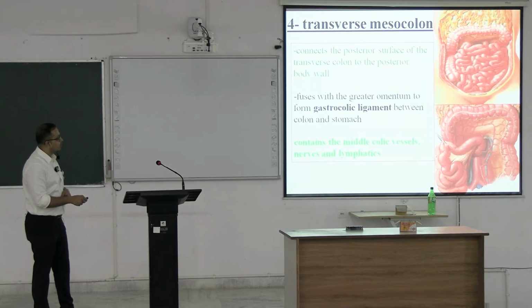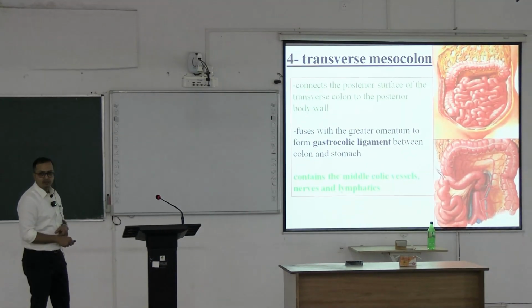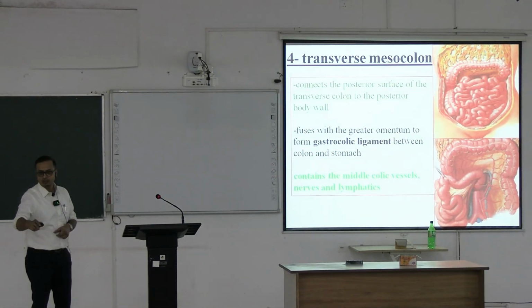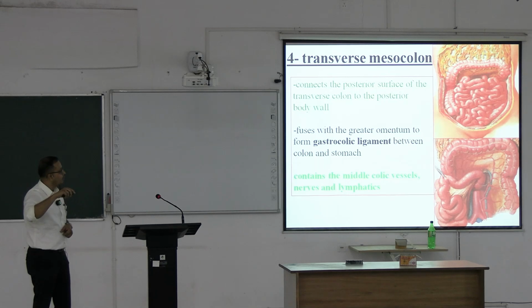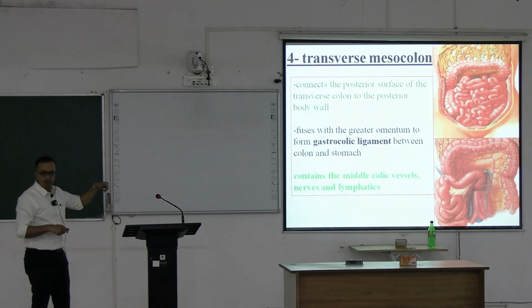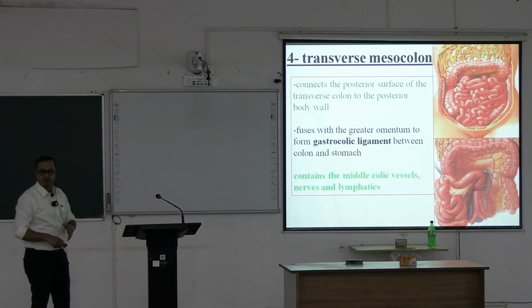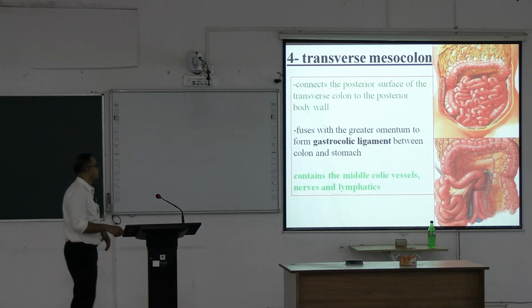Then it switches course and runs in a transverse direction as the transverse colon. Then it bends at the spleen region and drops down as the descending colon. Then it curves into the pelvic cavity as the sigmoid colon, and drops into the pelvic cavity proper as the rectum, and then the anal canal.